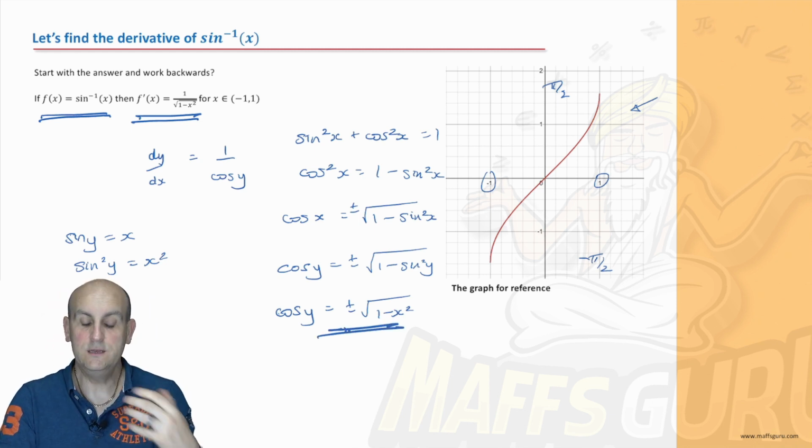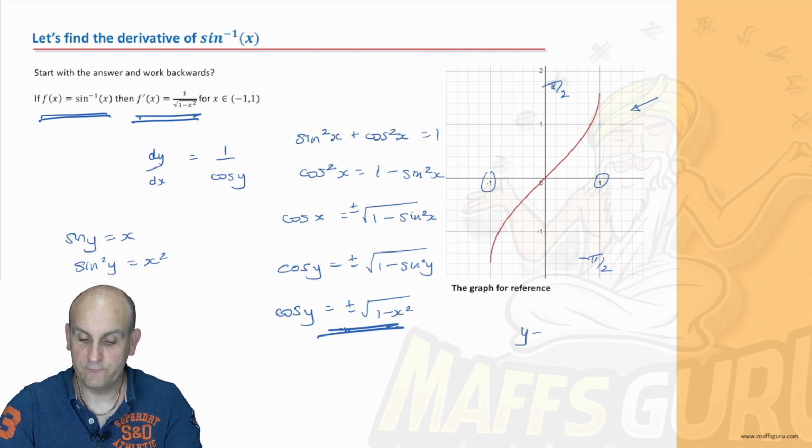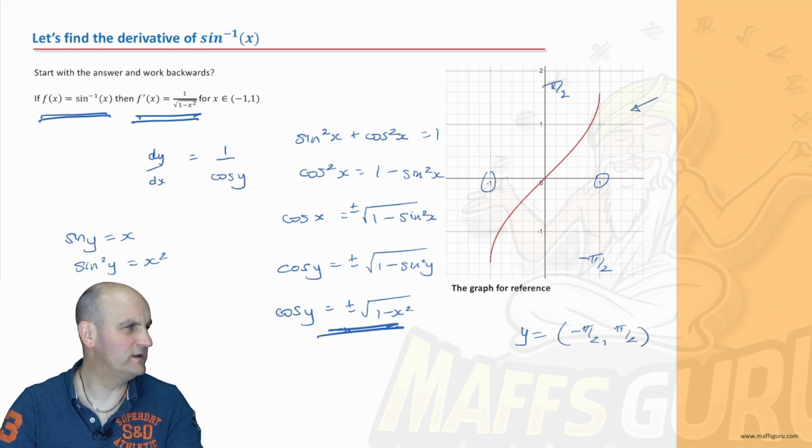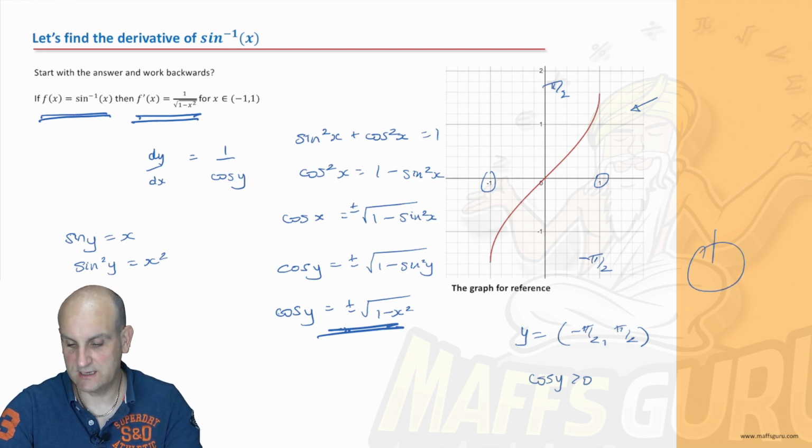All right, so we know that our y values fall between minus pi on 2 and pi on 2, yes? Is that inclusive? No, just checking, yes? And we know that cosine of y has to be greater than 0 for those values, yes? How do you know that? All stations to Canberra. There is minus pi on 2, there is pi on 2.